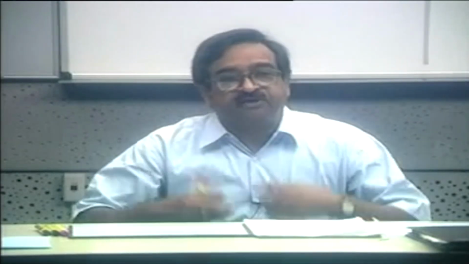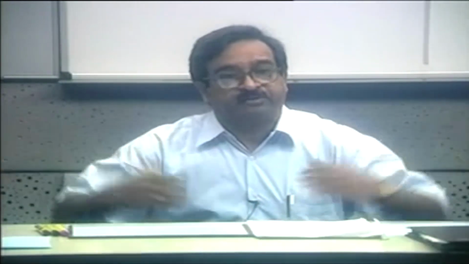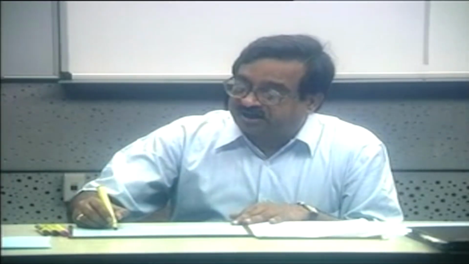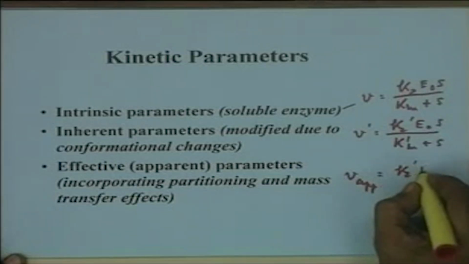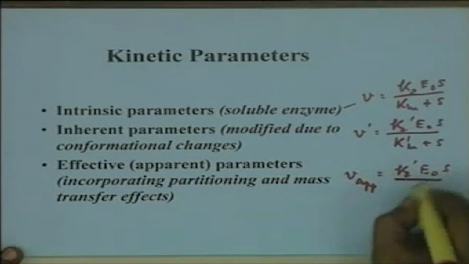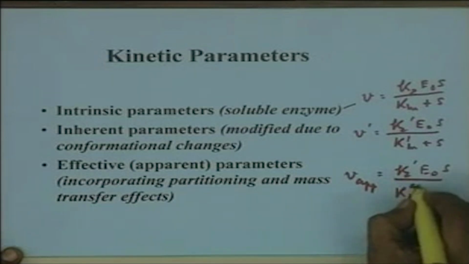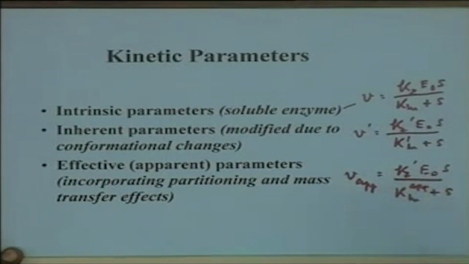In that case, or even if they are comparable, let us say the rates may not be very far apart, we need to consider our apparent reaction velocity as equal to k2 dash E naught S upon Km apparent plus S.